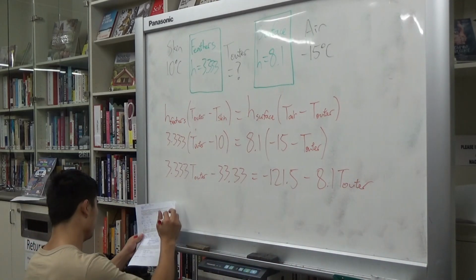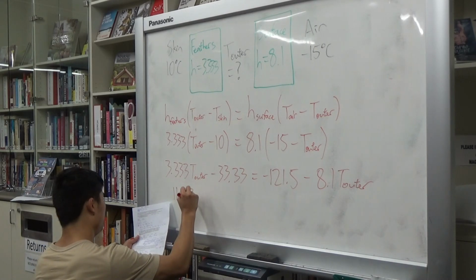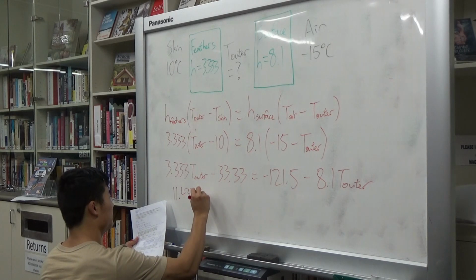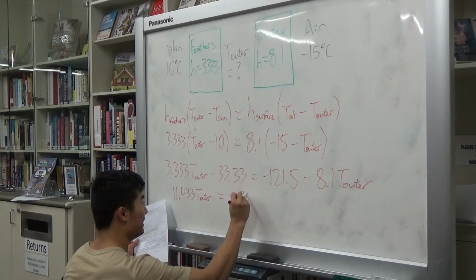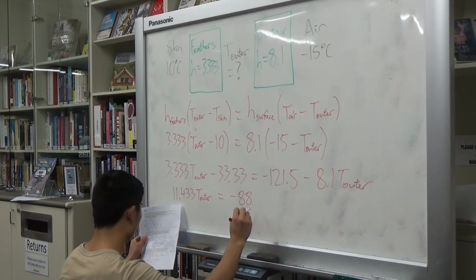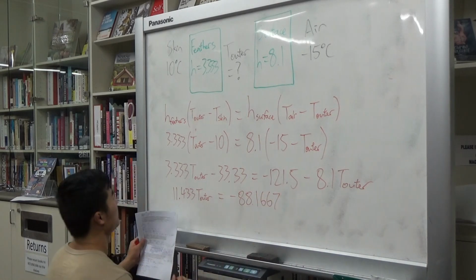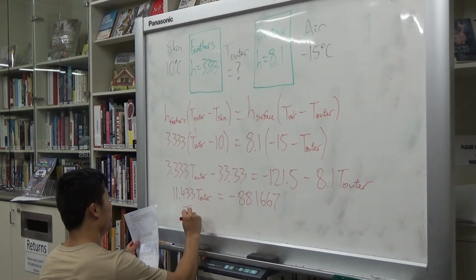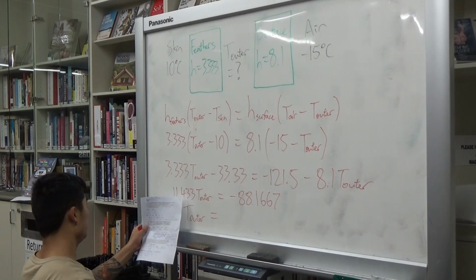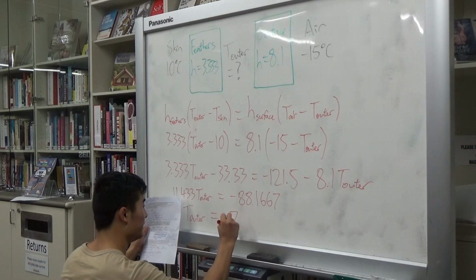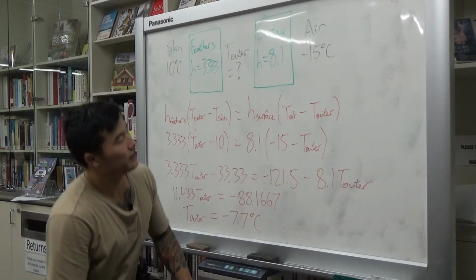And so then 11.433 T outer is equal to negative 88.1667, and divide both sides by 11.433, and you'll get an outer temperature of negative 7.7 degrees Celsius.